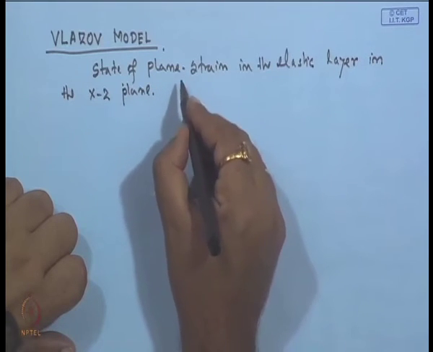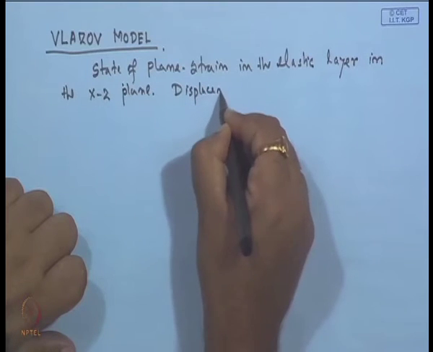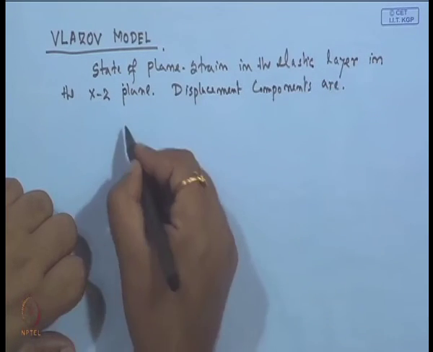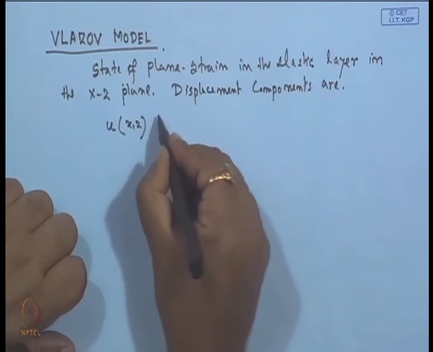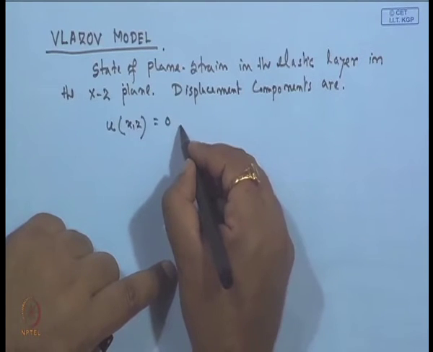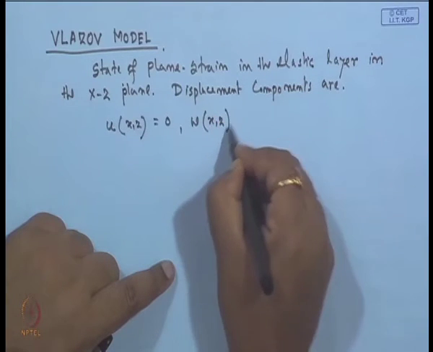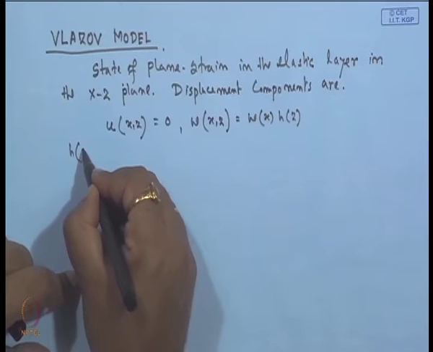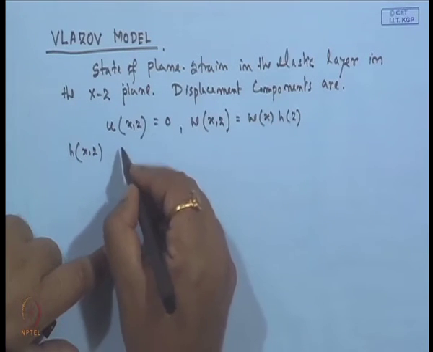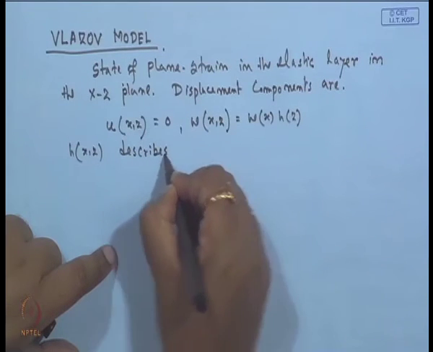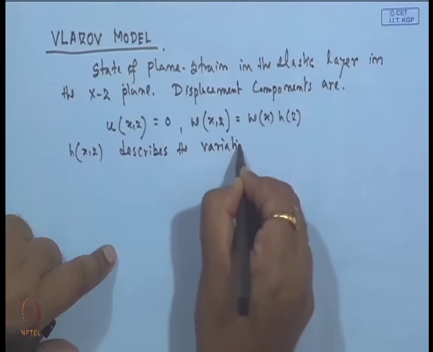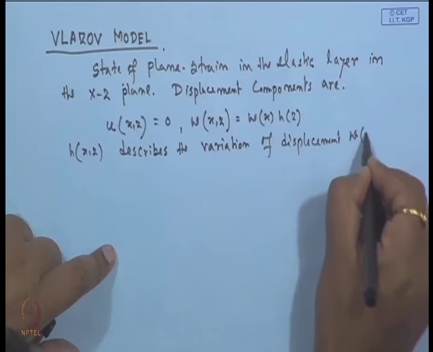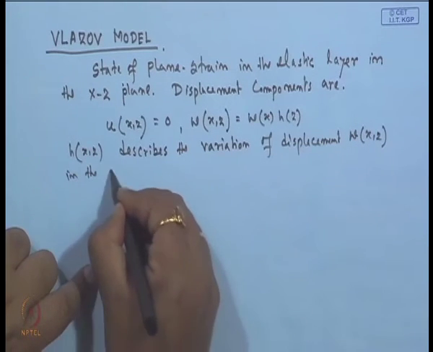Then the displacement components are u x z equal to 0, and w x z equal to w x into h z, where h z describes the variation of displacement w x z in the z direction.